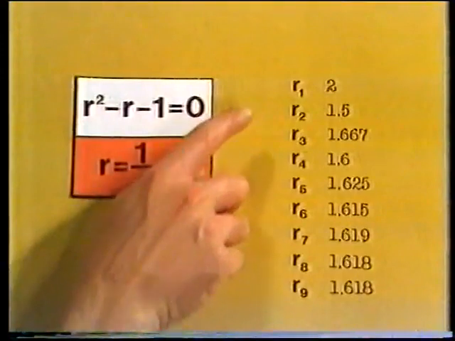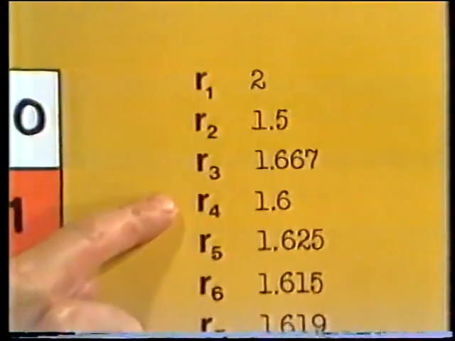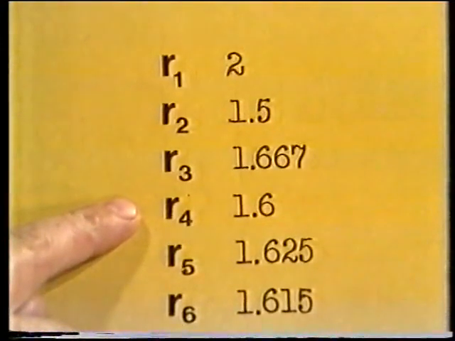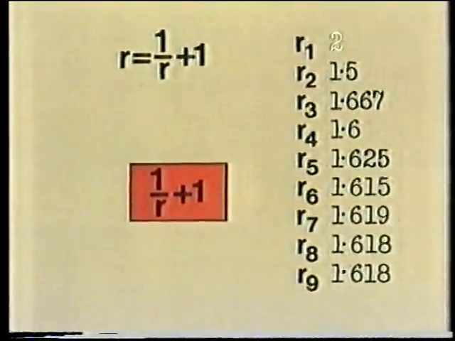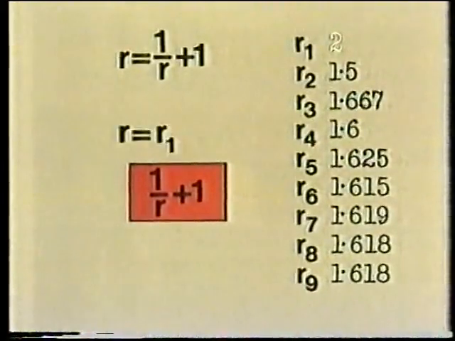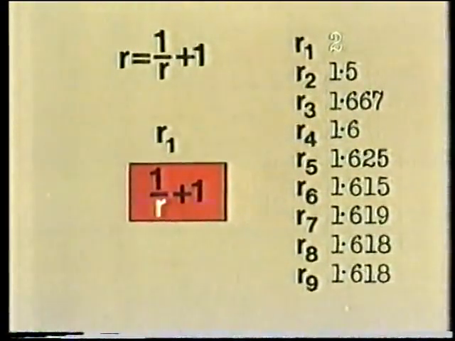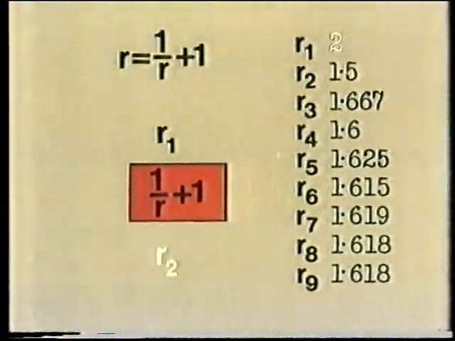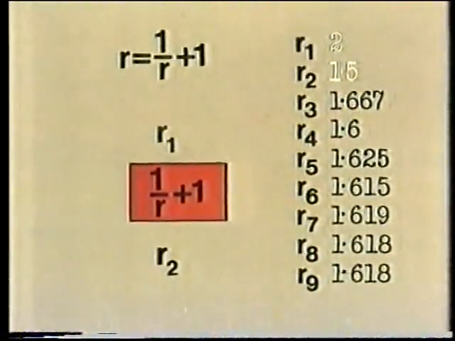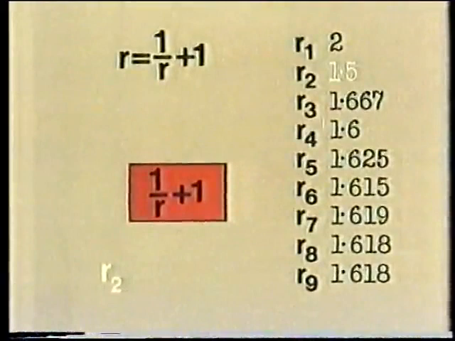Well, now let's concentrate more on the actual process of what's going on. This time, thinking in terms of these symbols. But we'll keep the numbers alongside them, just so that we can keep track of what's happening. First, we take a number, our value for R1. Then we take the expression on the right of our equation, and we evaluate it by replacing R by R1. We take the output and repeat the process. That's to say, feed it into our expression again.